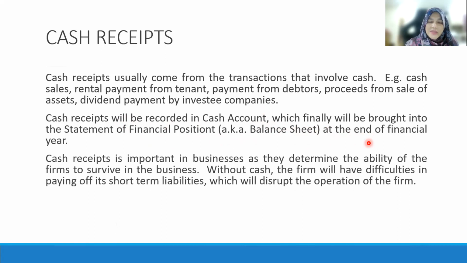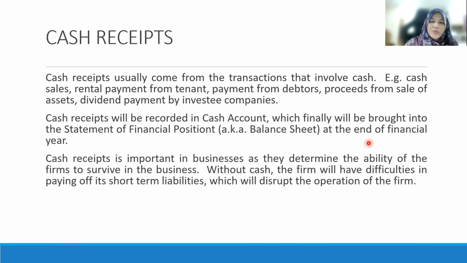So cash receipt is important in business as it determines the ability of the firm to survive. So it's very important to manage cash in the business. That is why a separate statement of cash flow is prepared to understand how cash is managed in the company.